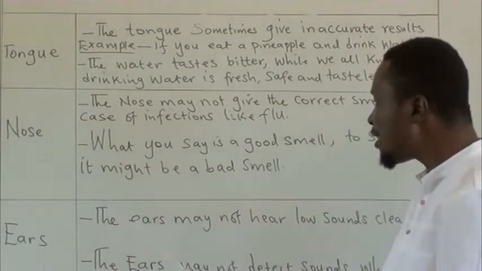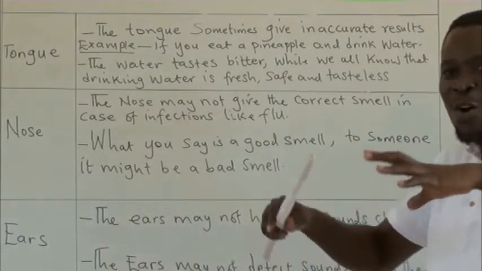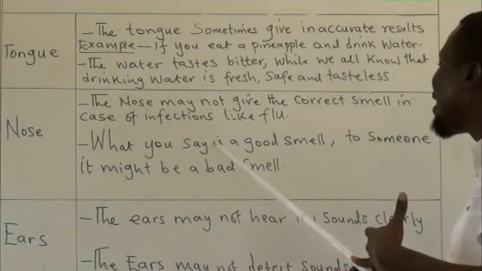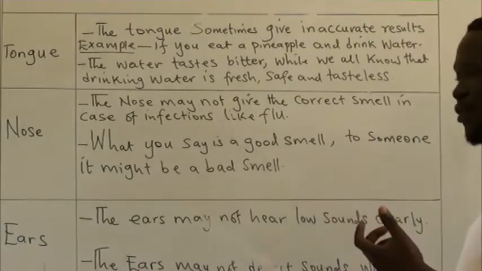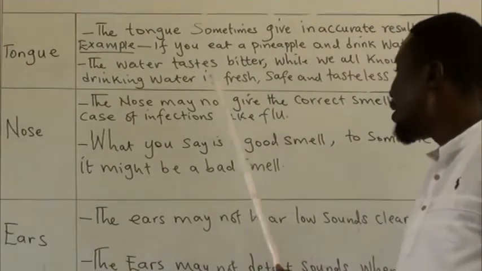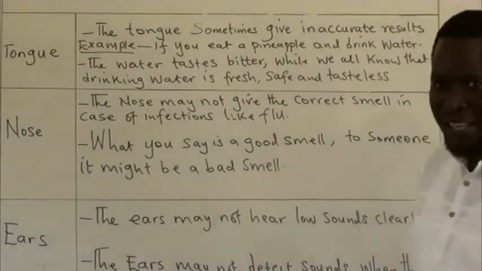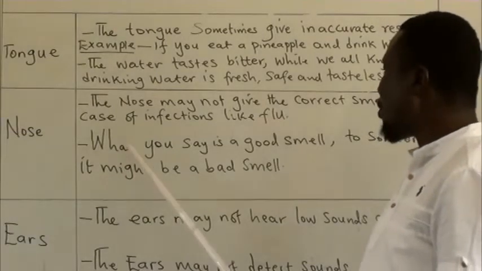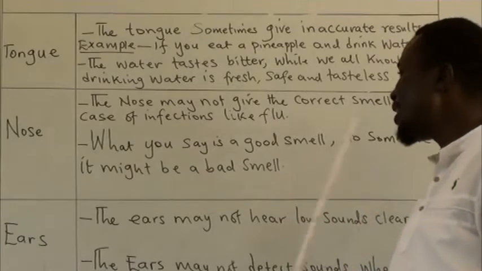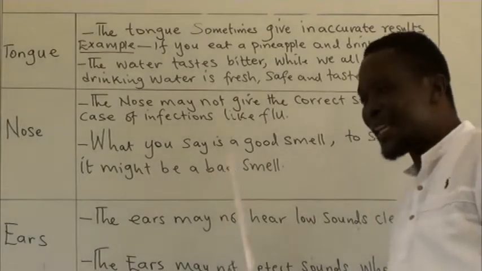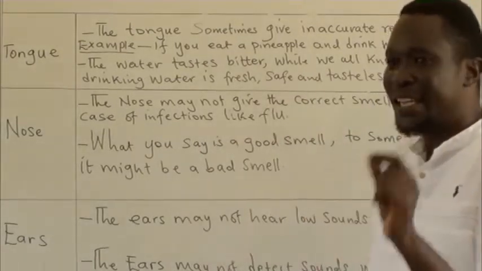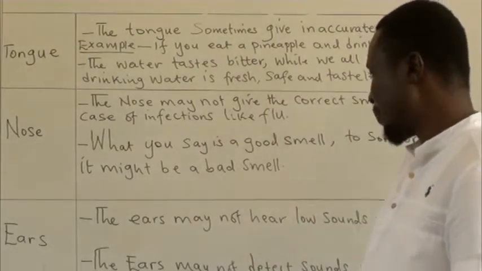So the smell of pilau that you always like, you always say it is good, but now because you have infection, you can say that it is a bad smell. So what you say is a good smell, to someone it might be a bad smell. So the nose cannot give us the correct smell in case of infections.